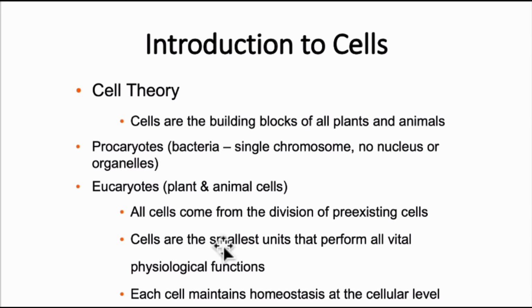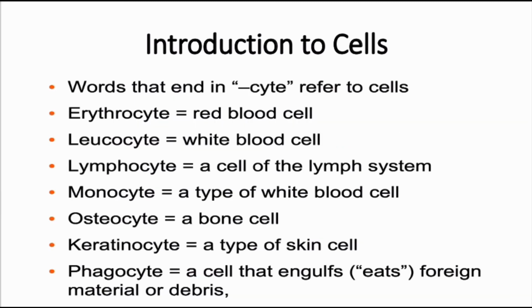Eukaryotes, on the other hand, are plant and animal cells. They have a membrane-enclosed nucleus. Their genetic material is enclosed within a membrane-contained structure, which we call the nucleus. A bit of an introduction.